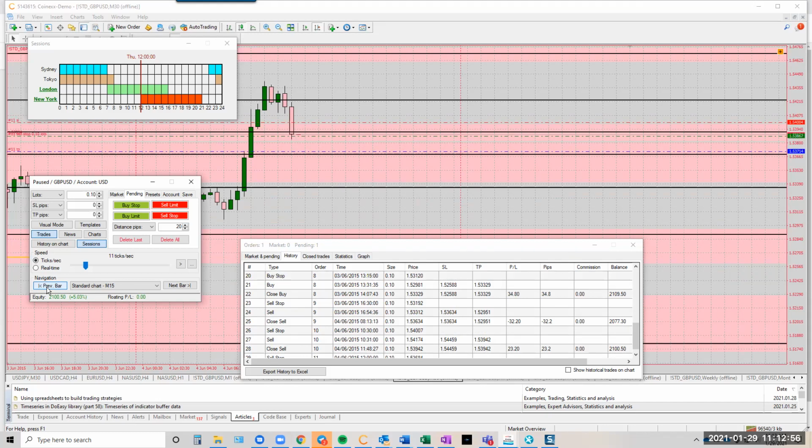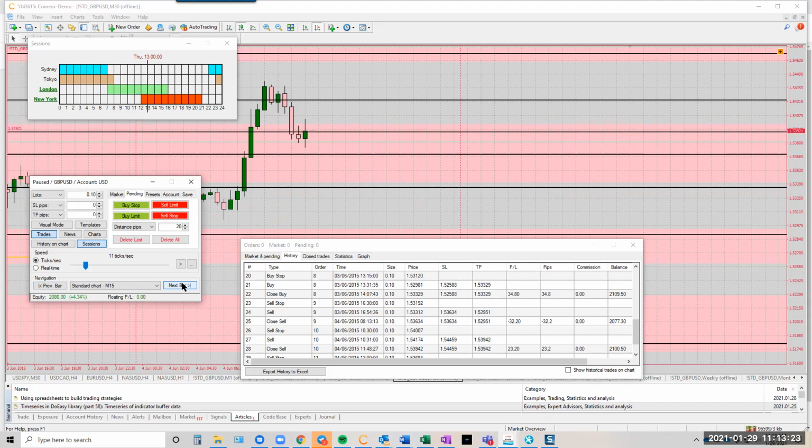So that's where I put my order. Next phone, it woke up, came down, the direction I was looking, came back, rejected. Stop loss was too low.